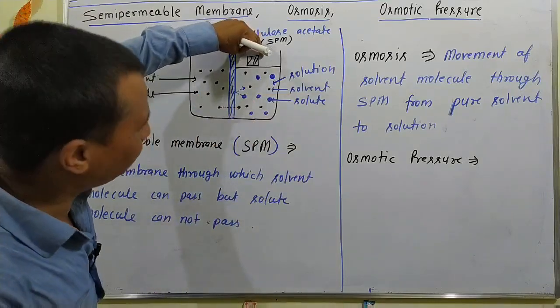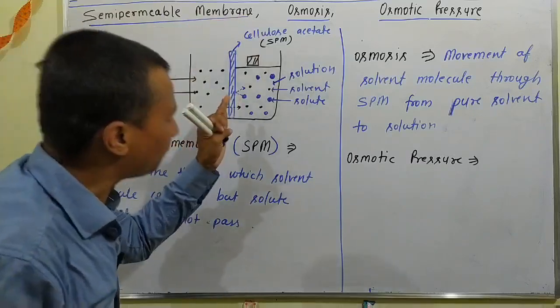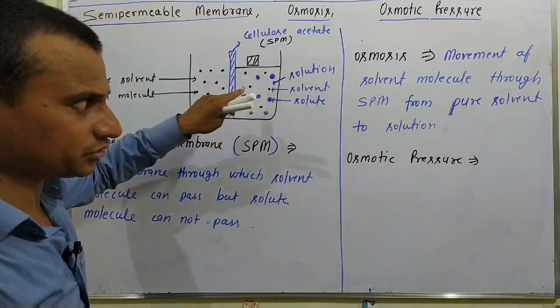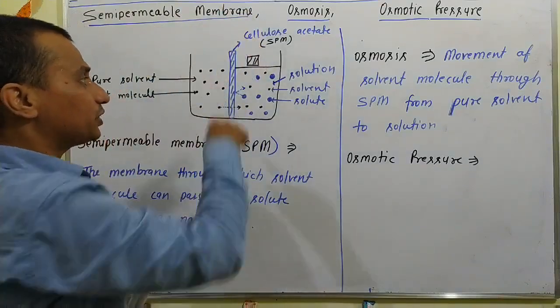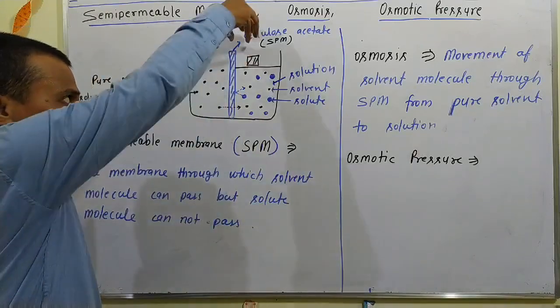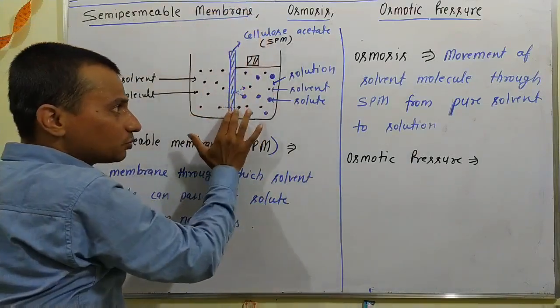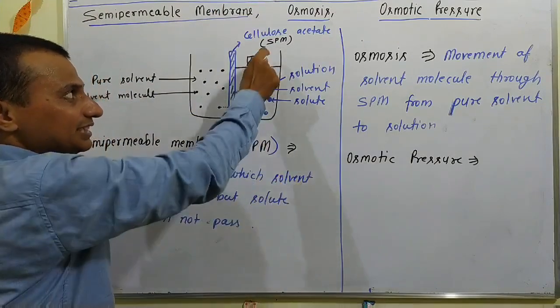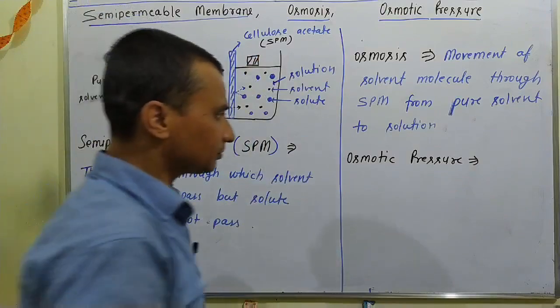This additional pressure required to stop osmosis is called osmotic pressure. When we apply some pressure on the solution, the osmosis is stopped. This additional pressure is called osmotic pressure.